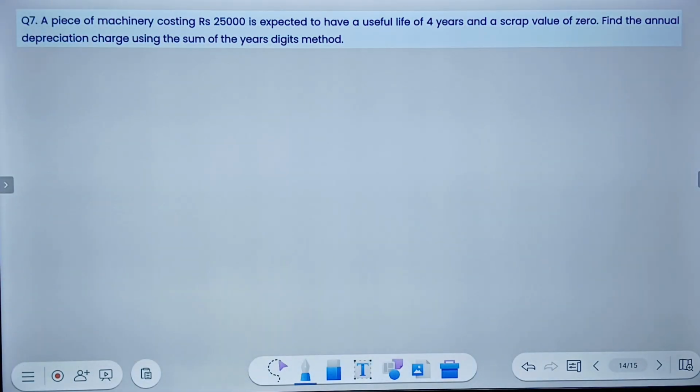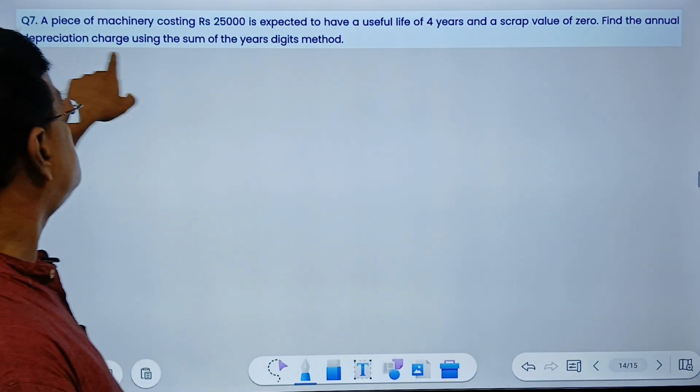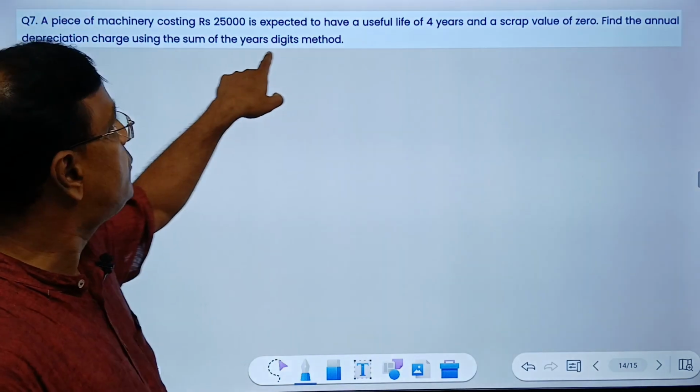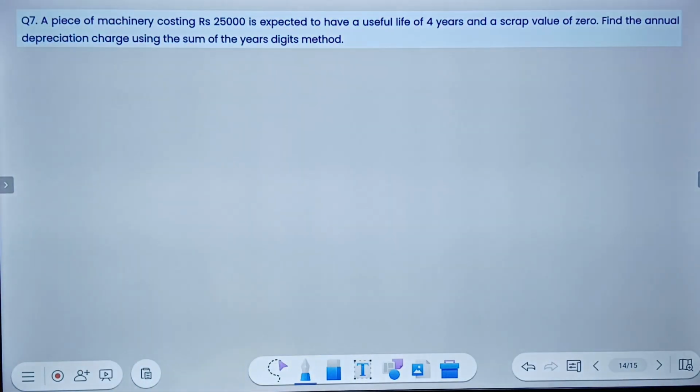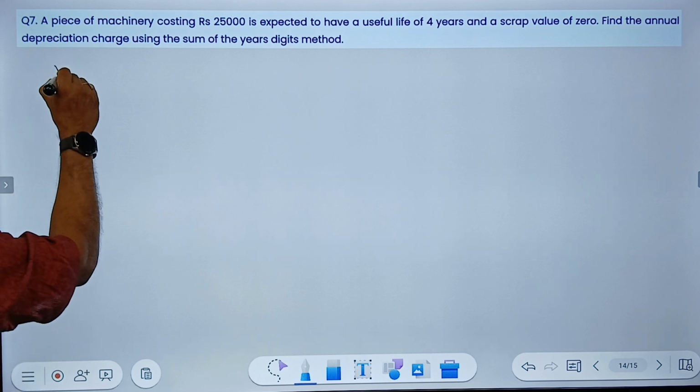Now the last problem is sum of the digit method. Okay, sum of the years digit method, which we do it in the reverse order. So for this, what you do? First you write the tabular column.